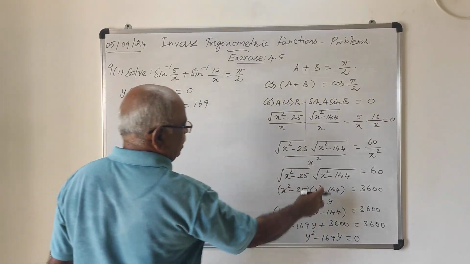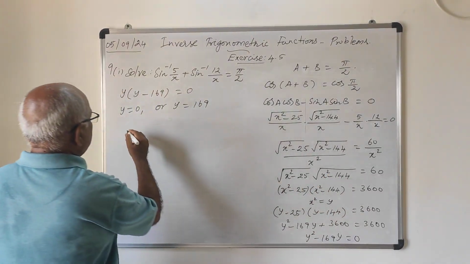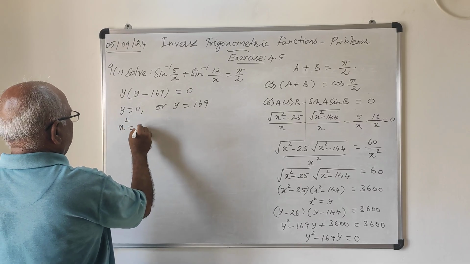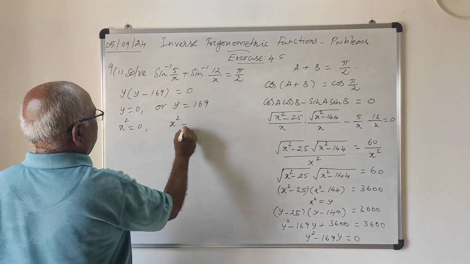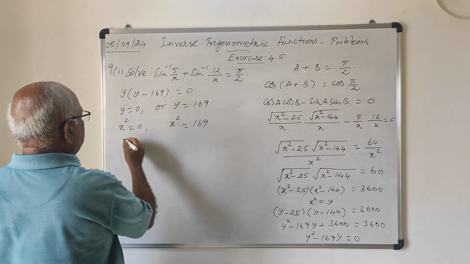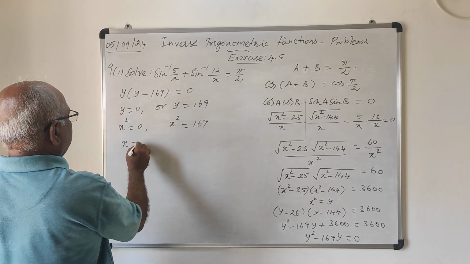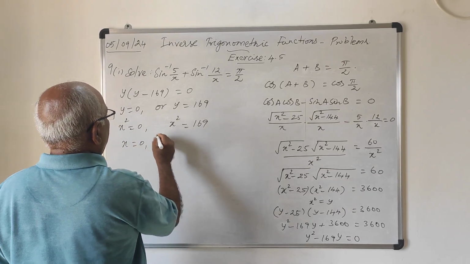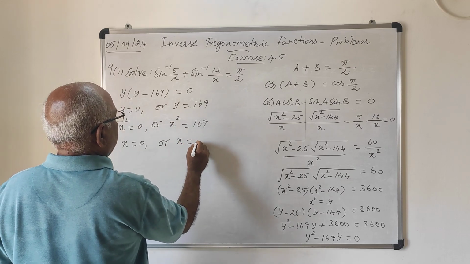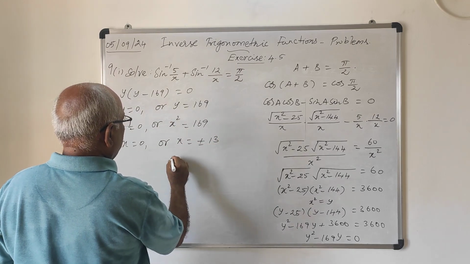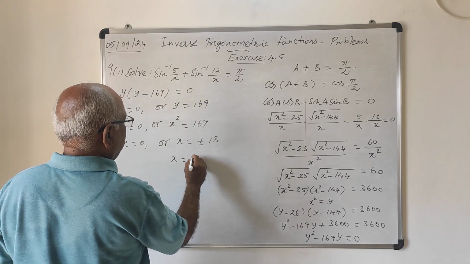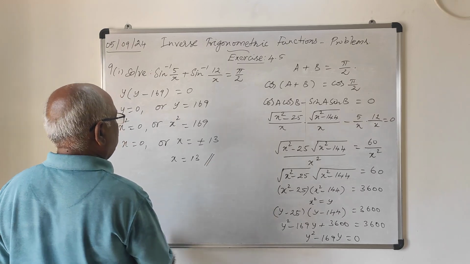What is y? y is x square. So x square equal to 0 or x square equal to 169. From this, x equal to 0 or x equal to plus or minus 13. So x equal to 13 is our correct solution.